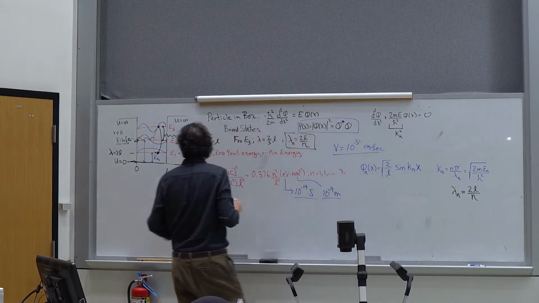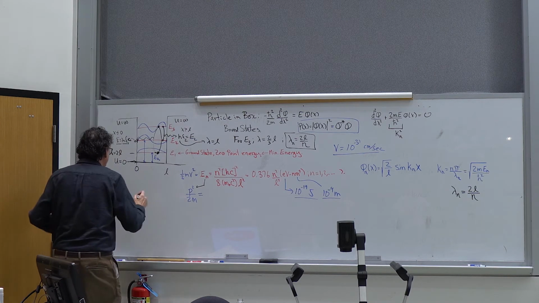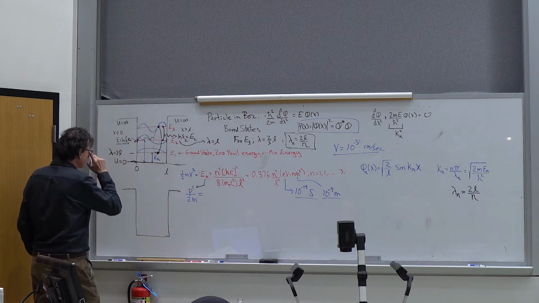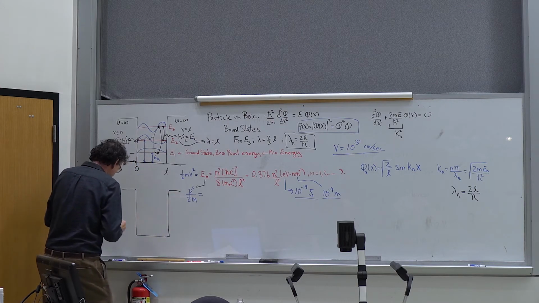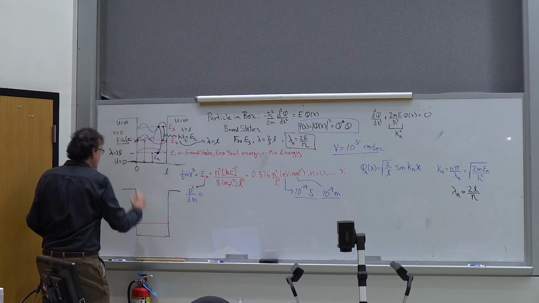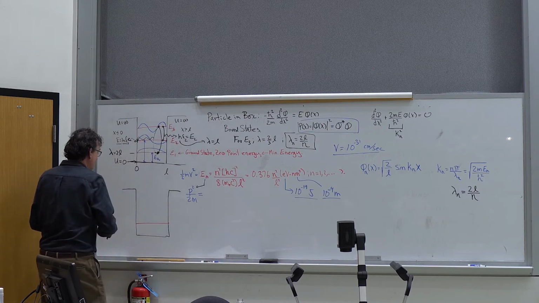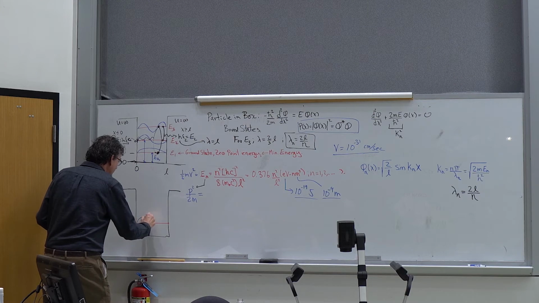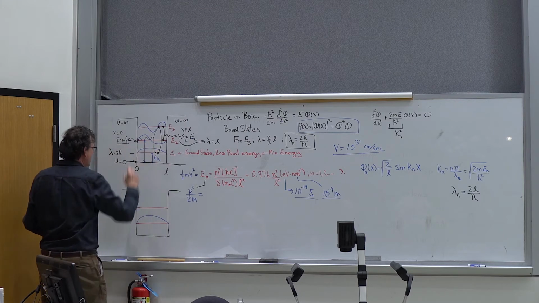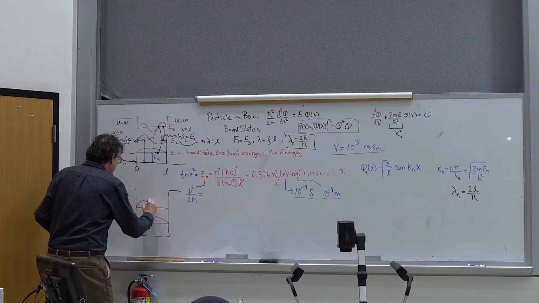If I use this formula, then I find that the probability distributions for the particle in the box are given by, for E1, I square this function. That doesn't change very much. It just becomes the square, like this. If I go up to E2, I square the sine function, and it becomes like this.